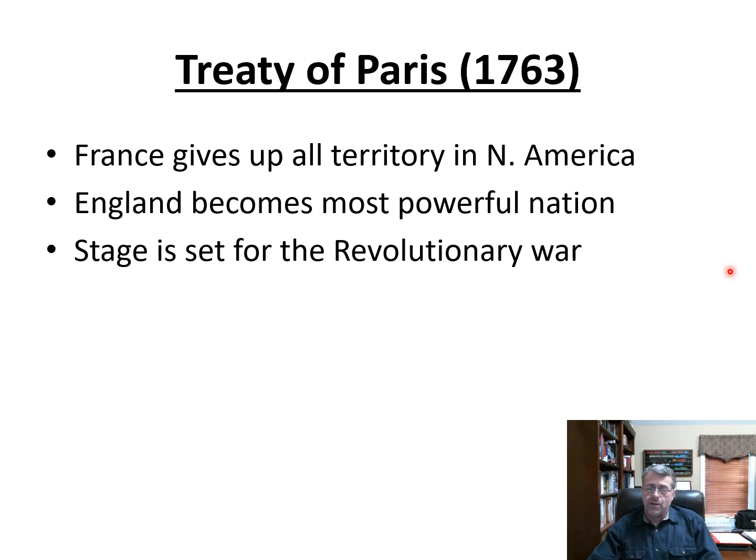So nobody's talking about independence right now. But these new taxes that the colonies are going to have to pay, and these newly enforced trade regulations, means that England is going to be sticking their nose in colonial business more and more often. England is now going to be more directly involved in colonial affairs.